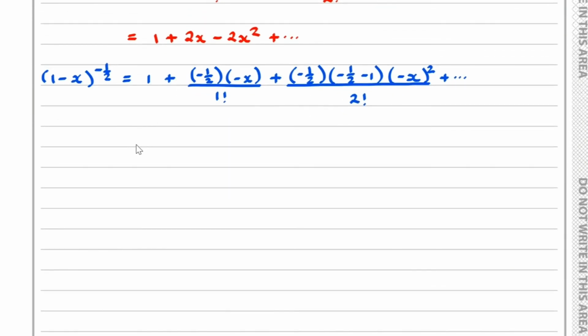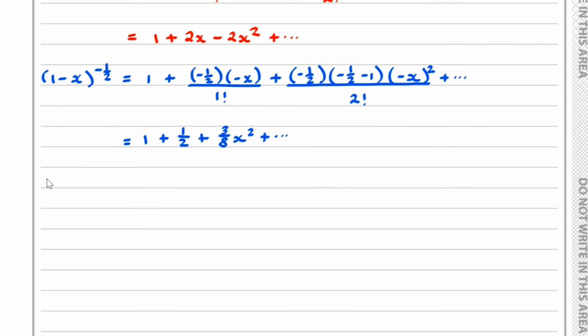And so if I work out what this is, I've got 1 plus 1/2 x plus 3 over 8 x squared plus higher order terms.